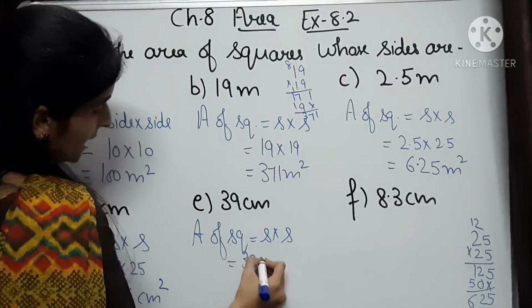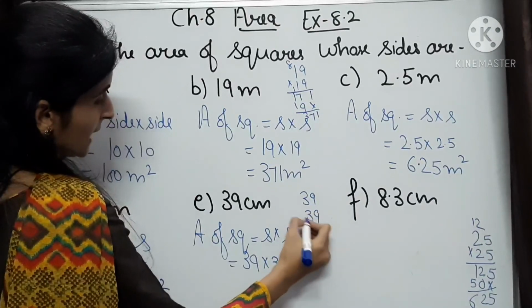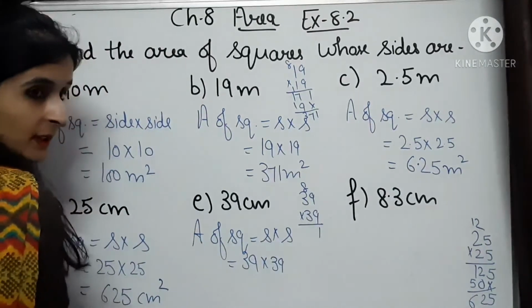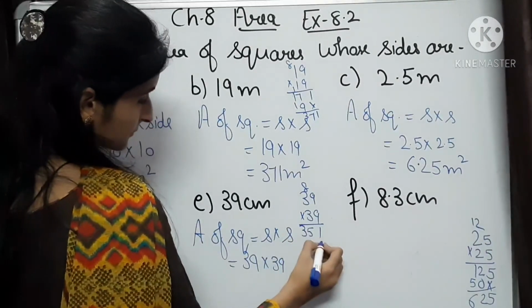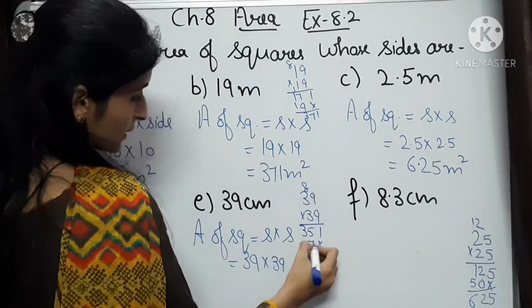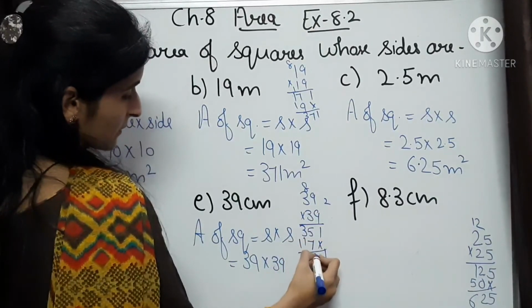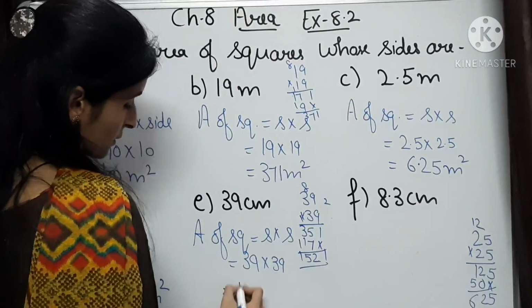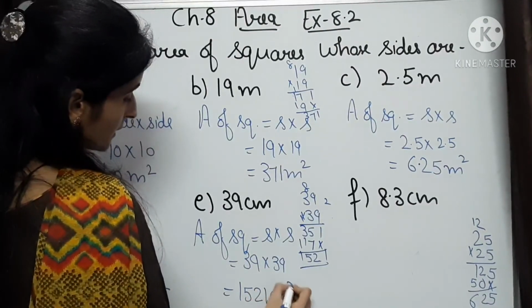That means 39 multiplied by 39. So you can multiply roughly. 9 9s are 81, 9 3s are 27, 27 and 8 is 35, 3 9s are 27, 3 3s are 9. 9 and 2 is 11, 7 plus 5 is 12, 3 plus 2 is 5 and this 1. So 1521 centimeter square.